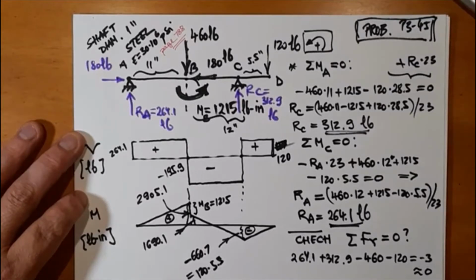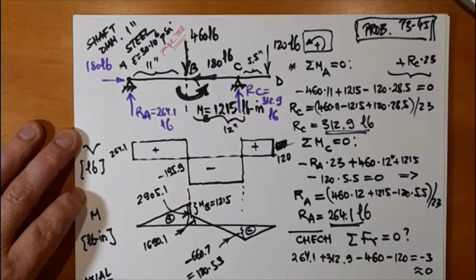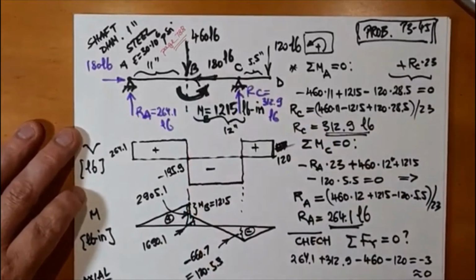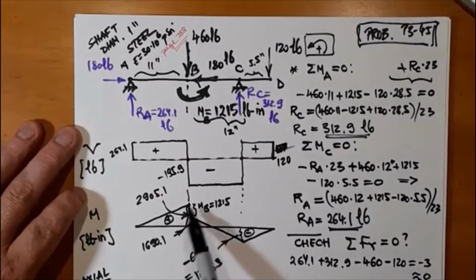And I have compressive force negative 180, so axial force 180 pounds negative between A and B, nothing elsewhere. So there will be a transition right here where I have a lot of things going on.